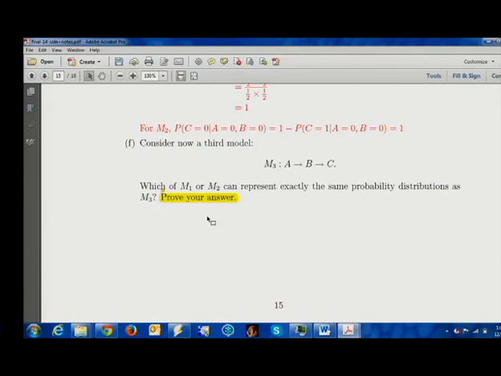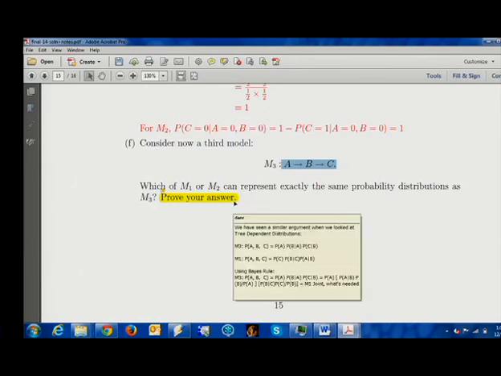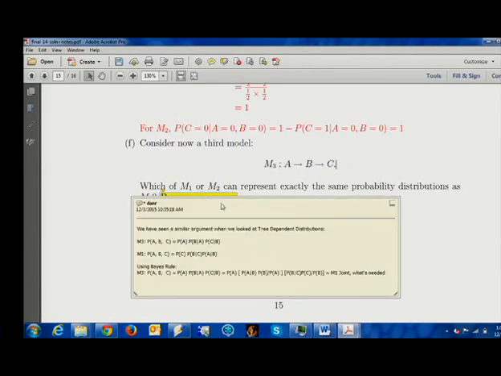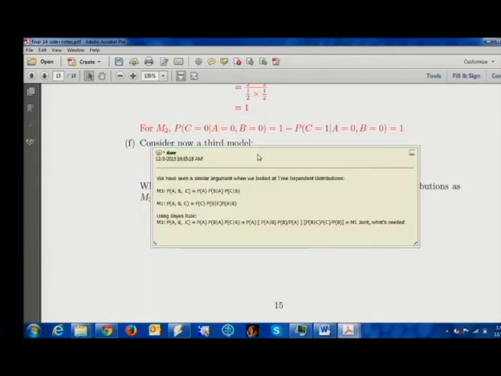So P of A, comma B, comma C, when I'm writing it down relative to this model, and when I'm writing it down relative to any of the other models, should be the same. That's what I mean by represent the same probability distribution. And it turns out that it's really very, very simple to do. And I'm writing here the details of the solution.